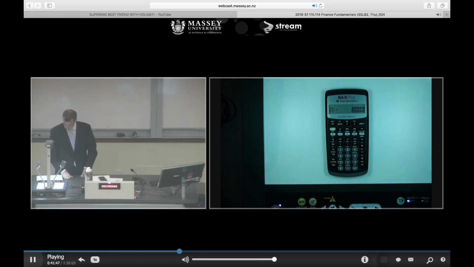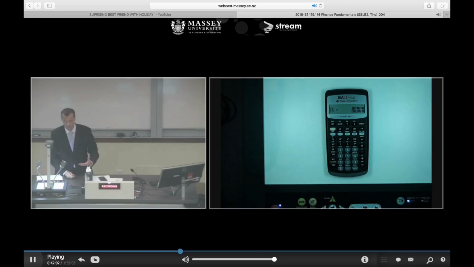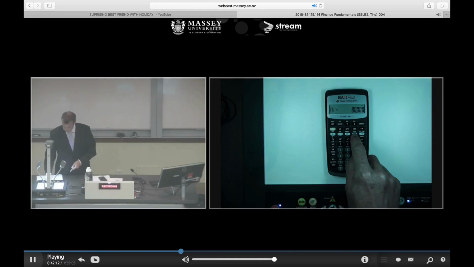So future value equals 80,000. And then, depending on the type of calculator, there'll be a button that you push to get it to work stuff out. And in this calculator, it's CPT, which stands for compute. In other words, you're going to compute the answer. So you push compute, and we want to compute something. The answer we want is PMT. That's what we're trying to solve for.